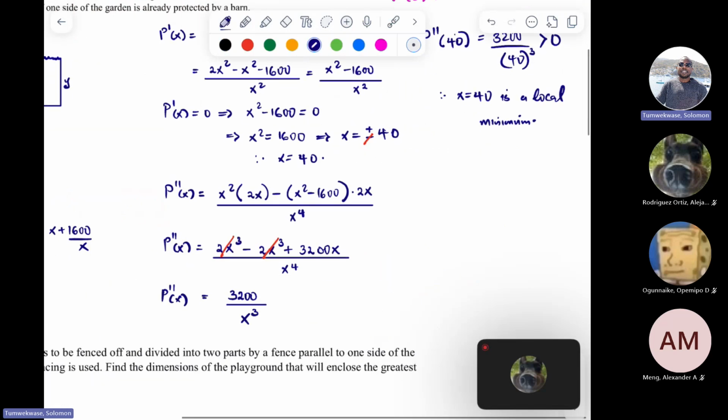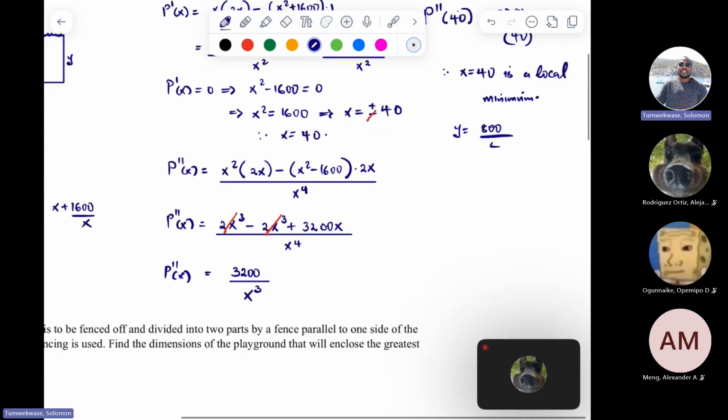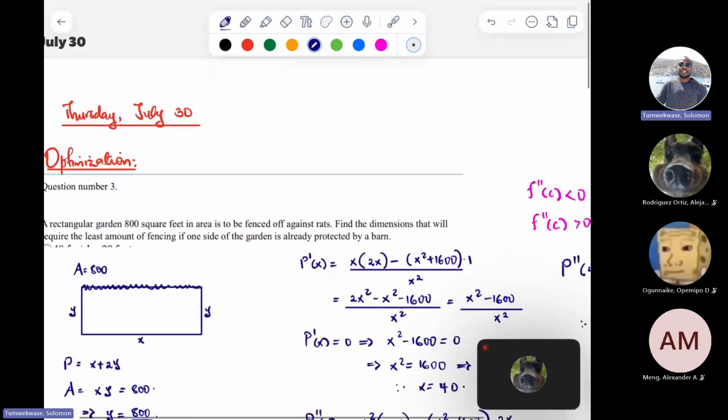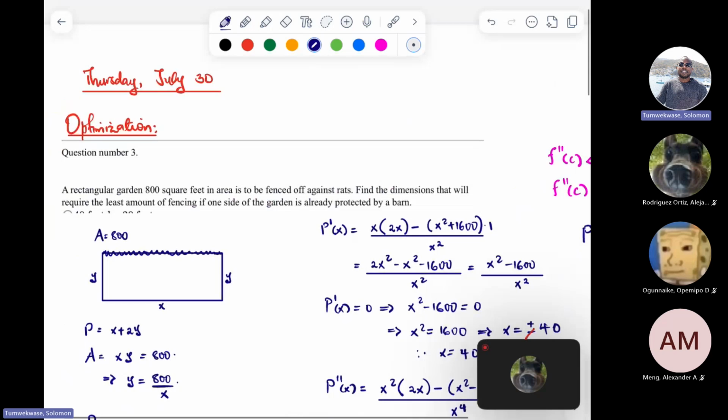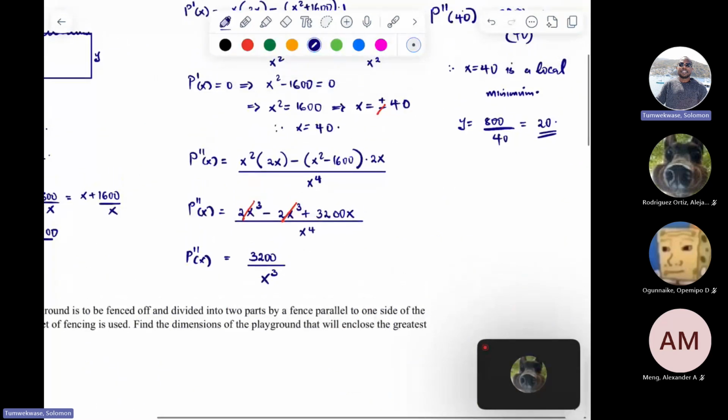So therefore, y is equal to 800 over x. x is 40, and this is the same as 20. Okay, so the dimensions that require the least amount of fencing are the length as 40 and the width as 20.